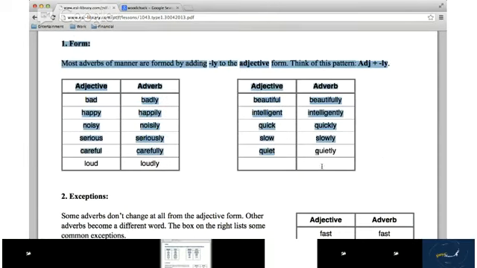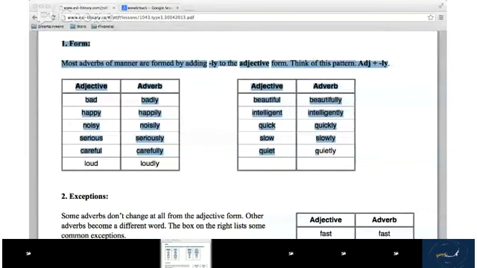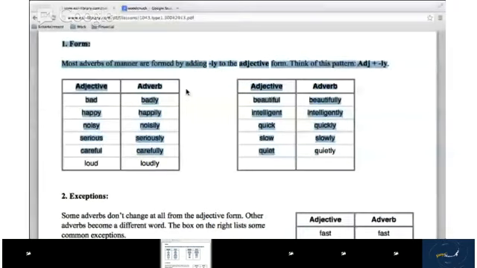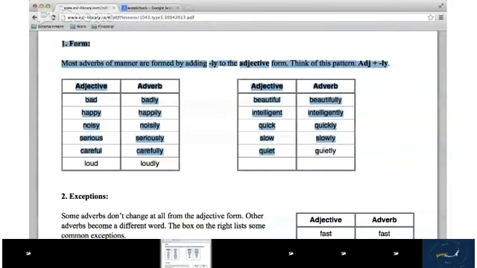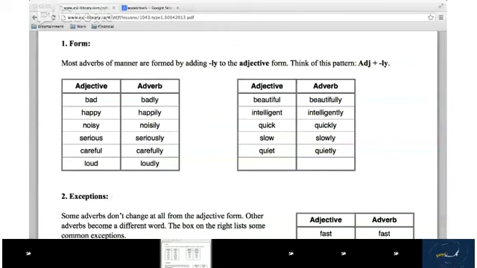So we're going to talk about the form first. It looks like Yusuf Sif took off, so let's go to Mina. Let me have you read everything under number 1, so this sentence plus the 2 charts. Form: most adverbs of manner are formed by adding -ly to the adjective form.